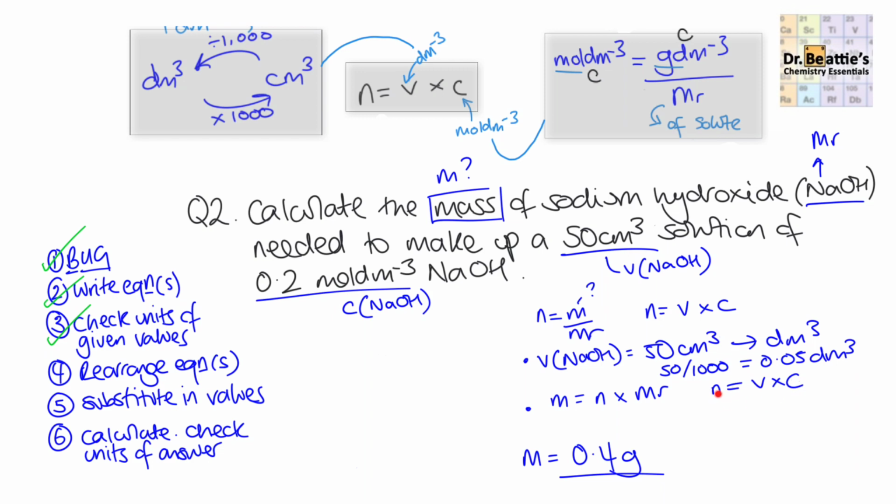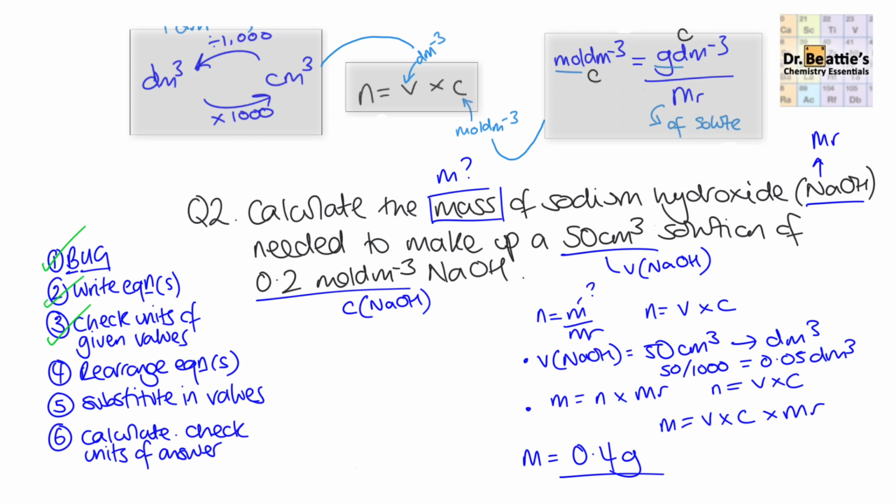You could do this in one step, so work out the number of moles and then substitute this in later. Or what I'm going to do is basically combine the 2 equations. In this case, mass equals volume times concentration, as that is just what N is for this part here, times the molecular mass.